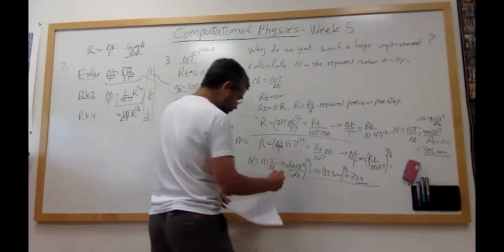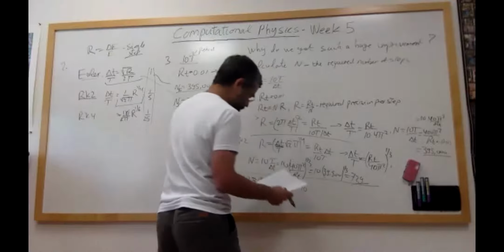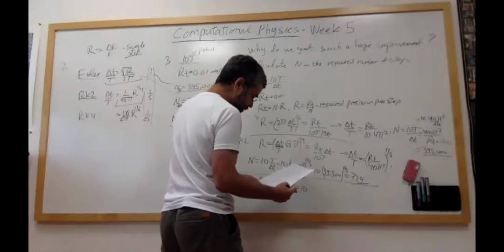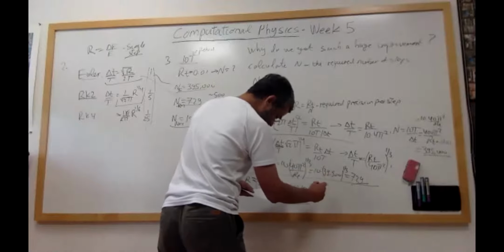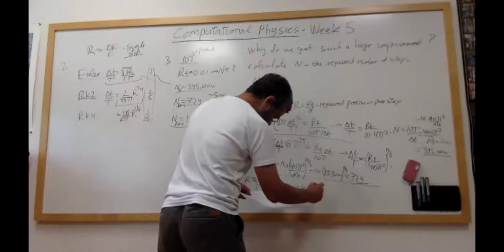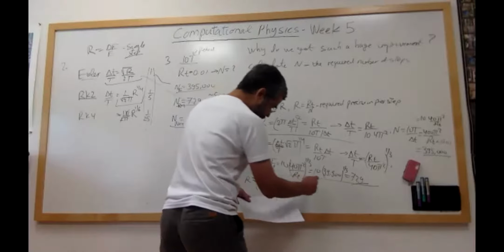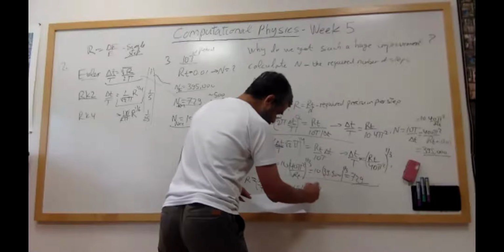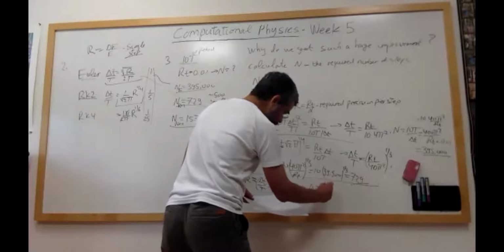So what you get is that N would now be 10 times 10 pi over RT, so this to the power of 6 over 5.